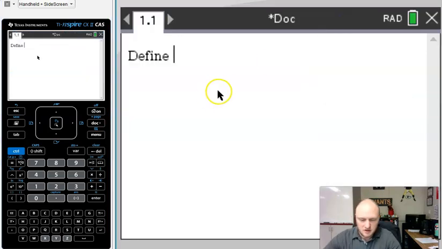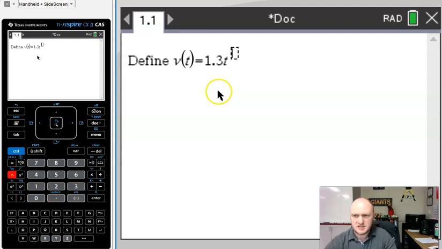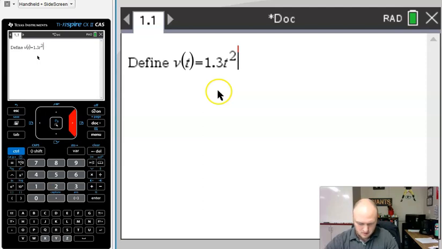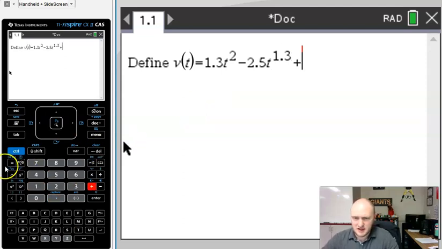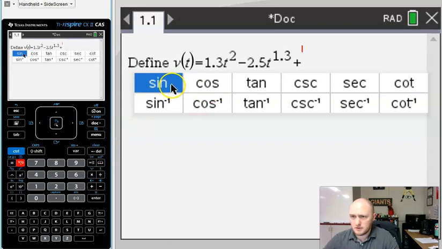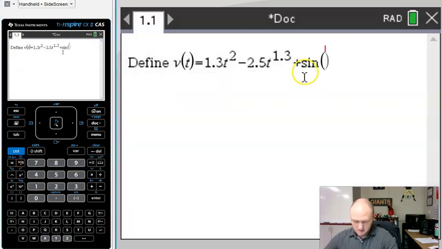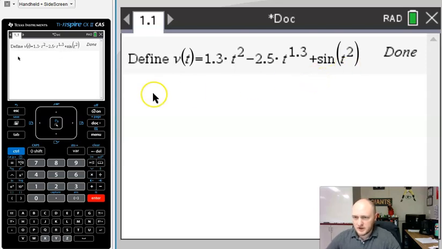I'm just going to start fresh. v of t is equal to 1.3 t squared minus 2.5 t to the power of 1.3 plus sine of t squared. Okay, you can pause me. That's the function if you need to. There you go. Done. Okay, I have it.